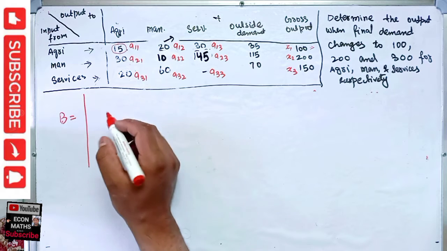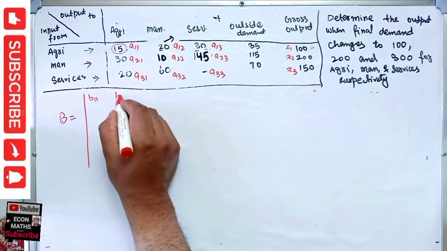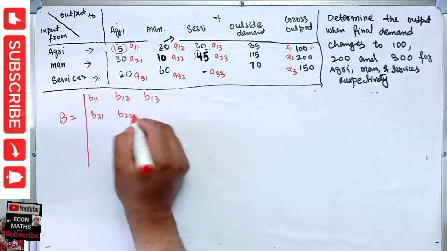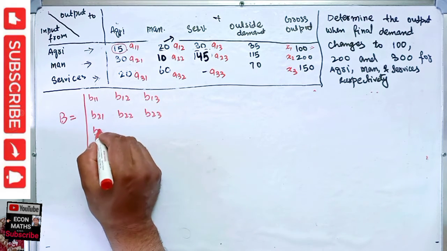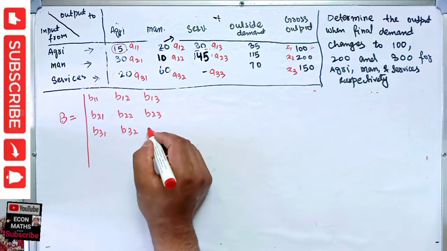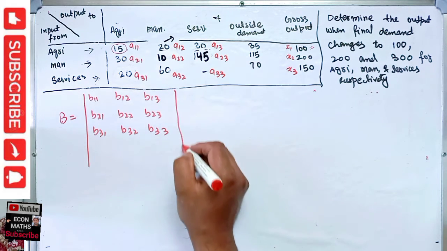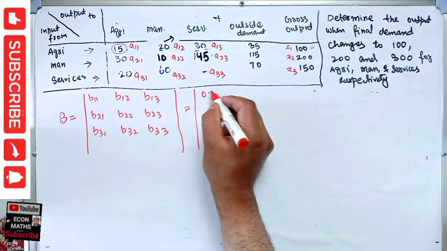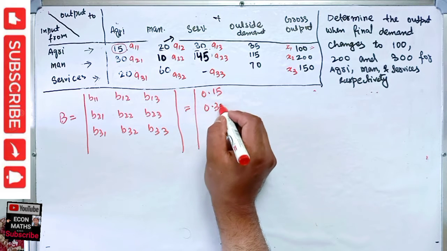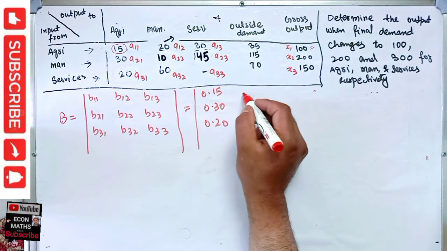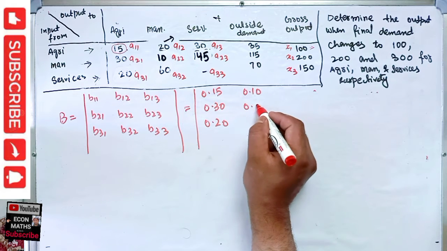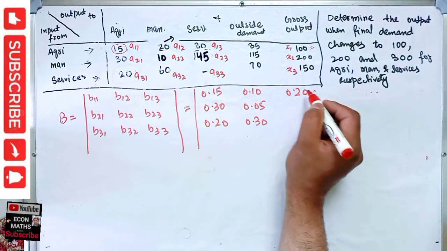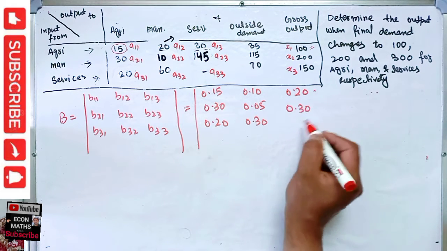We have calculated B11, B12, B13, B21, B22, B23, B31, B32, and B33, and we have calculated these values earlier. These are equal to 0.15, 0.30, 0.20, 0.10, 0.05, 0.30, 0.20, 0.30 and 0.